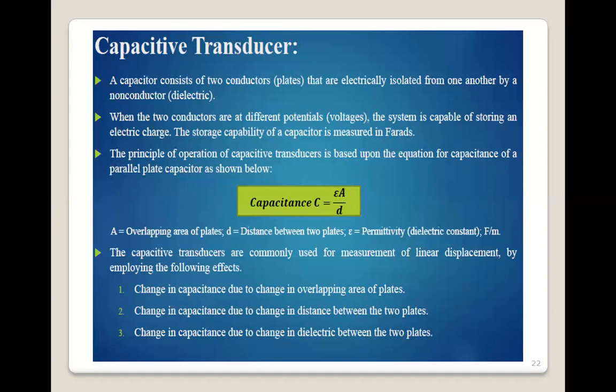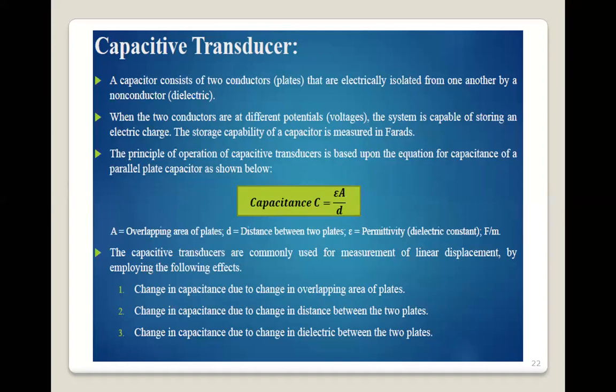The principle of operation of the capacitive transducer is based upon the equation of capacitance of the parallel plate as shown in the figure, where A is the area of the plate, D is the distance between the two plates, and epsilon is the permittivity or dielectric constant of the material used between the plates.